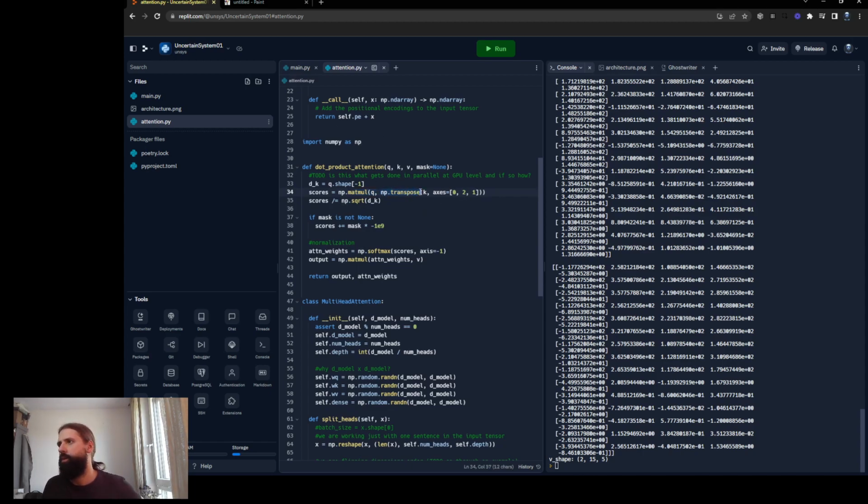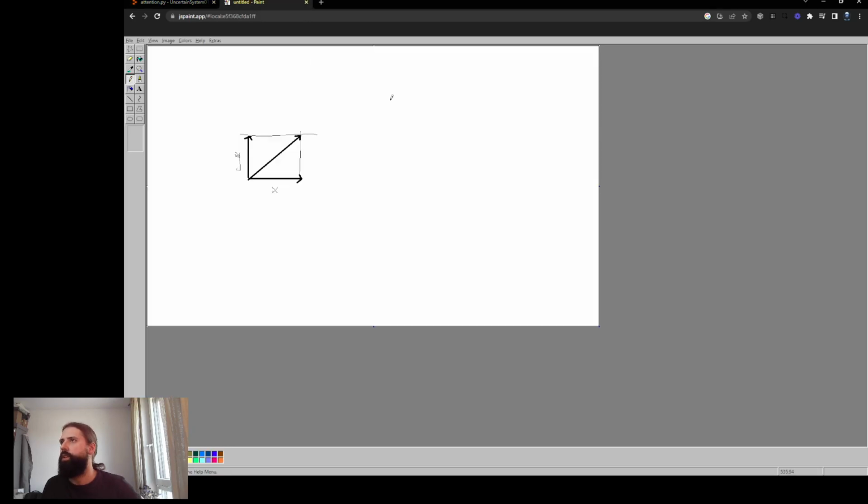Actually, that's why we're doing the transpose, because let's say I have token 1, token 2, token 3, right? These are of course arrays, but this is my tensor.